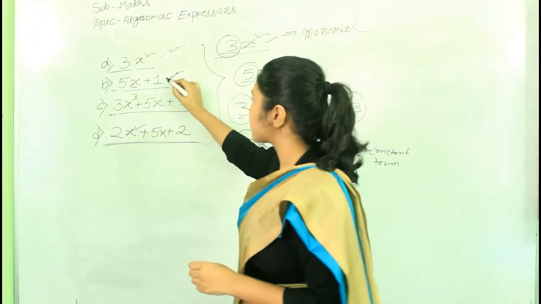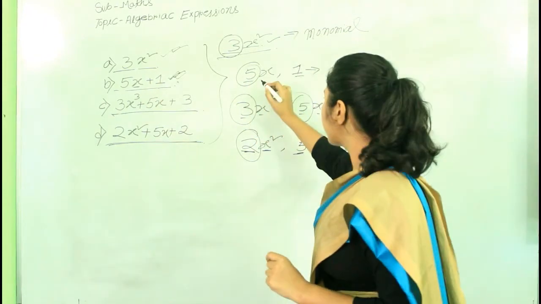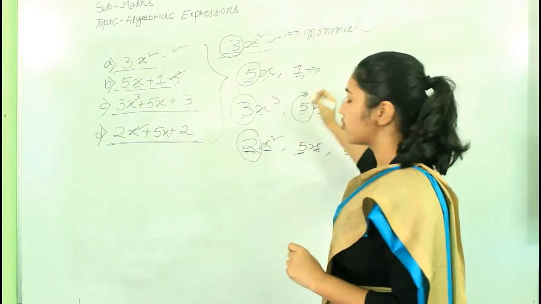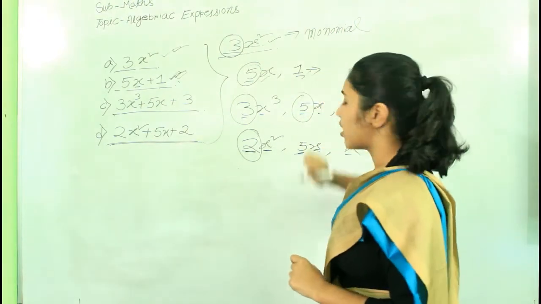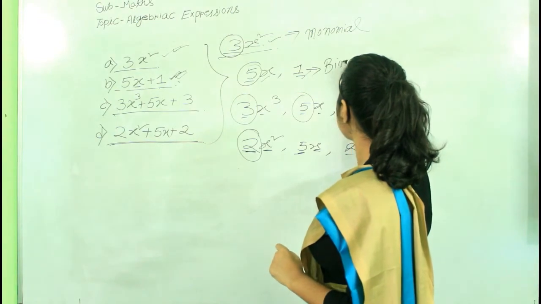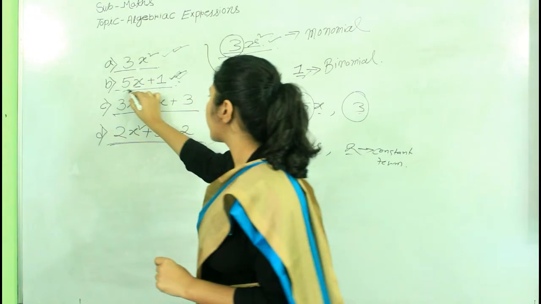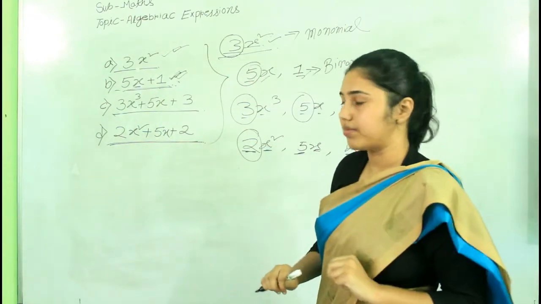In our next expression, we have two terms, right? One is 5x and one is the constant term 1. So this type of expression is known as a binomial, because here we have two terms.